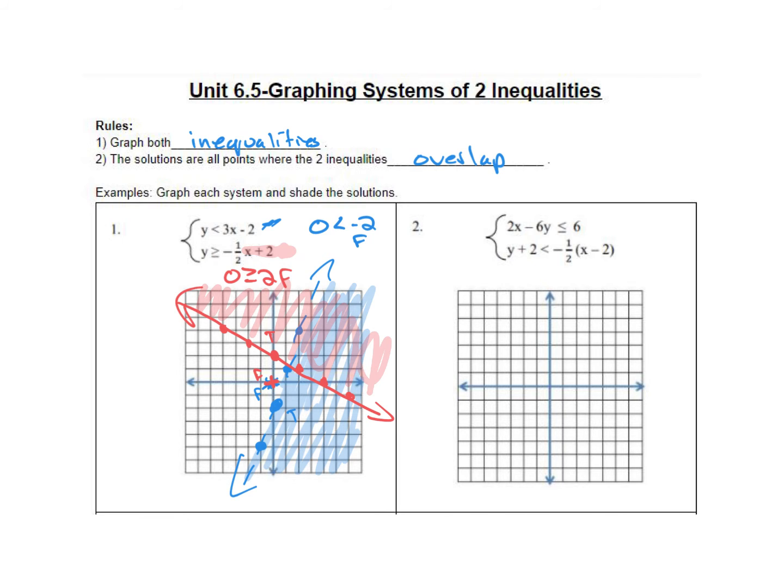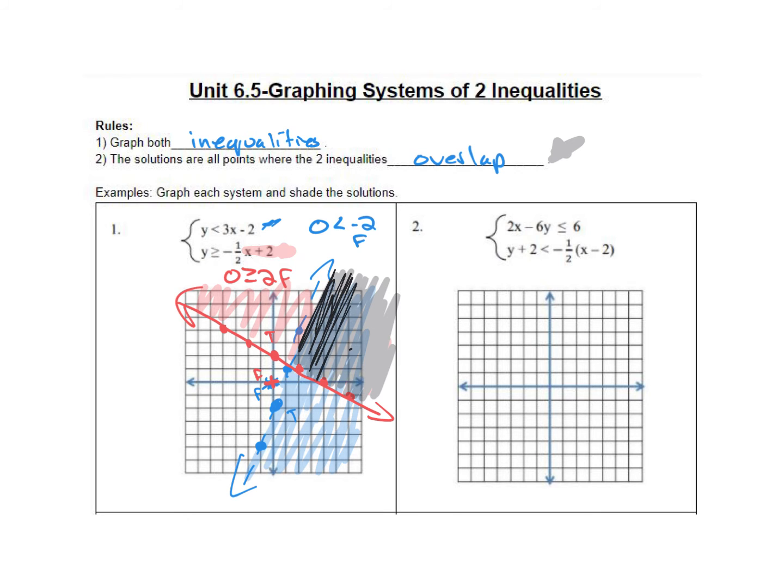And what this means here is when we go back, and I'm going to shade our solution in black here, when we look at this, we want the spots where the solutions overlap. So when they overlap, this is where you can see red and blue all in this vicinity. So when we start shading that area, that is going to be our solution.